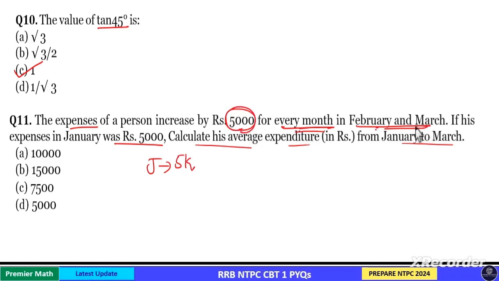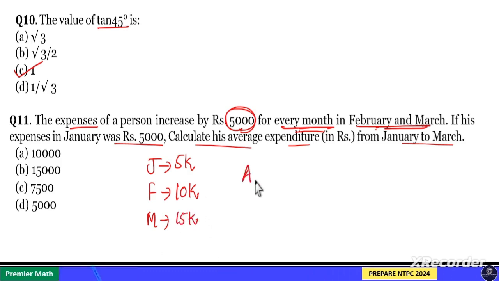So in February and March, expense increases by 5,000 from the previous month. Here in February, 5,000 increase from the previous month means 5 plus 5, 10,000 is the expenditure. Again in March, 5,000 increment from the previous month means 10 plus 5, 15,000 is the expenditure.